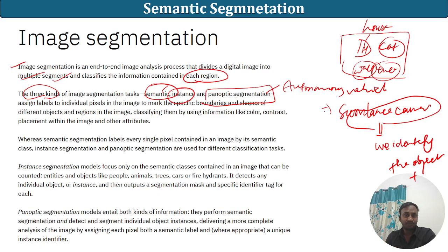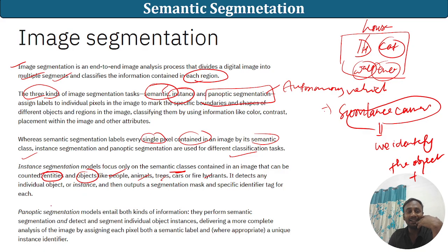So let's say semantic segmentation labels every single pixel contained in the image with a semantic class. Instance is used for different classifications, for multiple semantic classes, meaning entities or objects. Like I told, it can be an animal, people, trees, cars and fire hydrants.